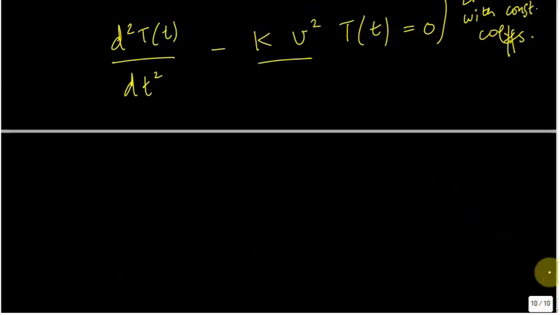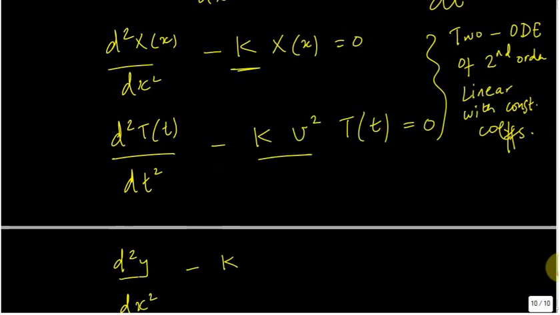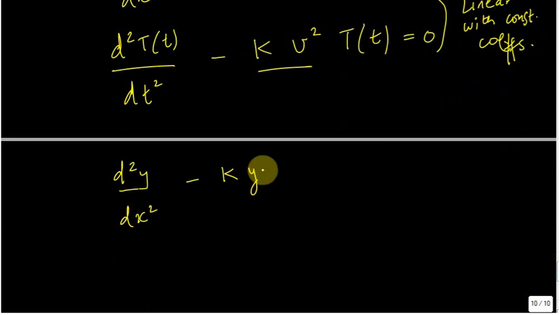Maybe write it in a more generalized format, d square y by dx square minus k y. So y is a function of x, nothing more. So let me write it like that.